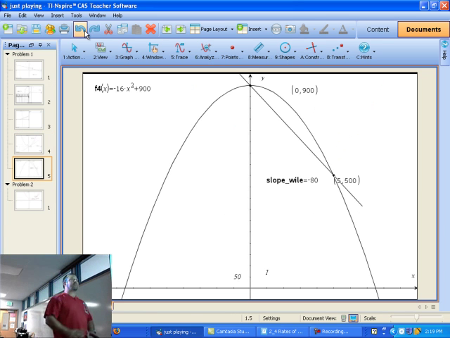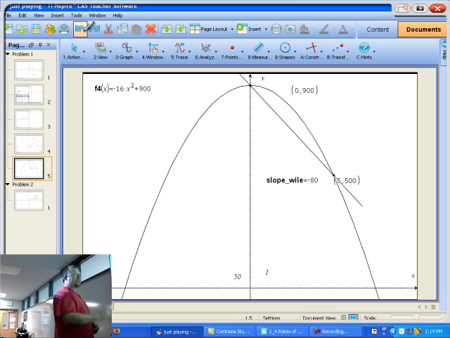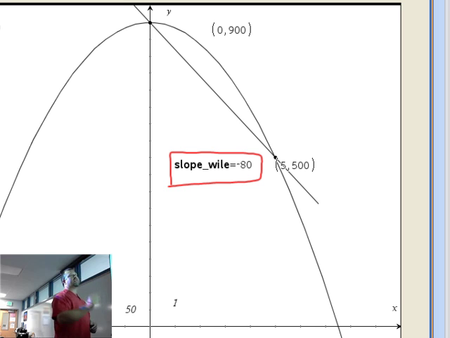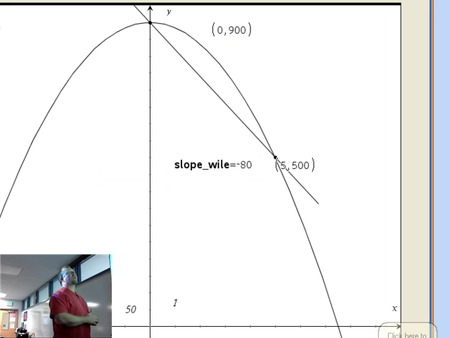What I've done here is graphed negative 16x squared plus 900 on my Inspire calculator. We're going to have the calculator generate the slope for us, and I can pick my points. I'm going to leave the 500 there, and my slope between 0, 900 and 500 is calculated at negative 80 already.